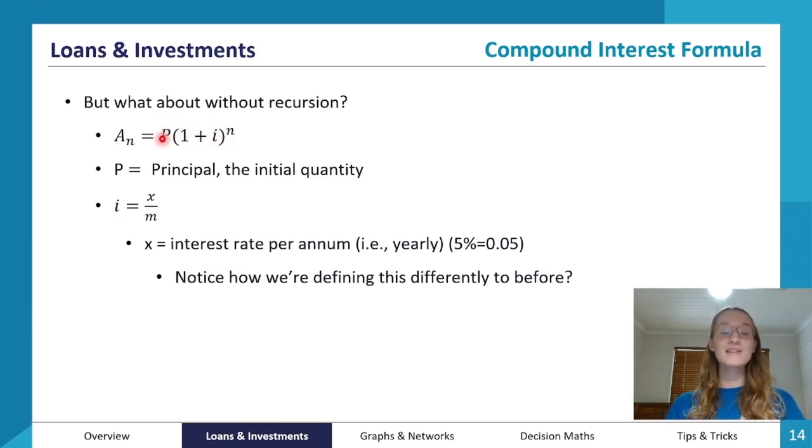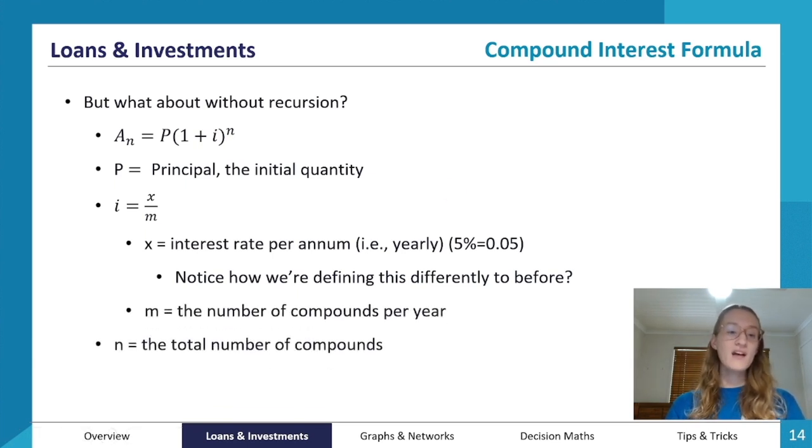So P, principal, our initial value, times 1 plus the decimal rate of interest divided by the number of compounds per year, to the power of N, which is the total number of compounds. So say, for example, we had a loan or investment that was compounding monthly, so 12 times per year over a 3-year time period.